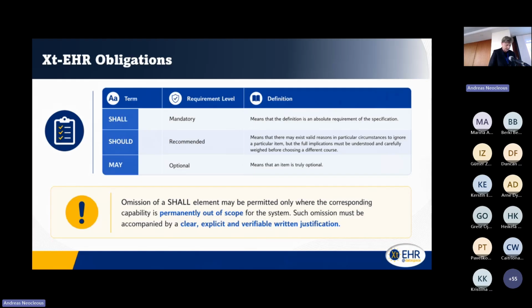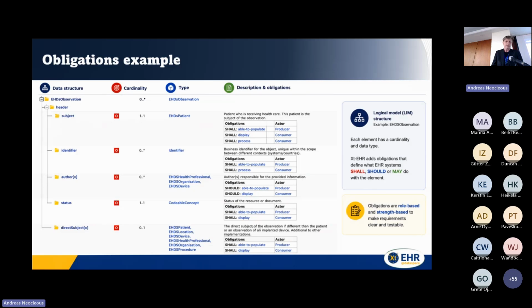And we have to add the additional rule saying that omission of shall element may be permitted if there is corresponding capability, if such corresponding capability is permanently out of the scope of the system that claims conformance. That does not depend only on the system vendor, but also on the expectations, the ghost in the machine, expectations from its users or regulators, which might require some functionality. So that's the whole framework.